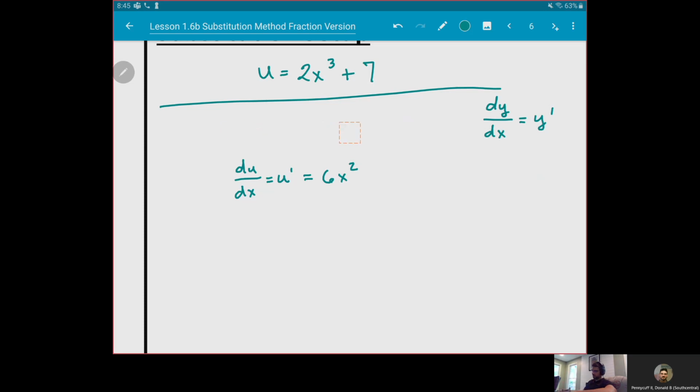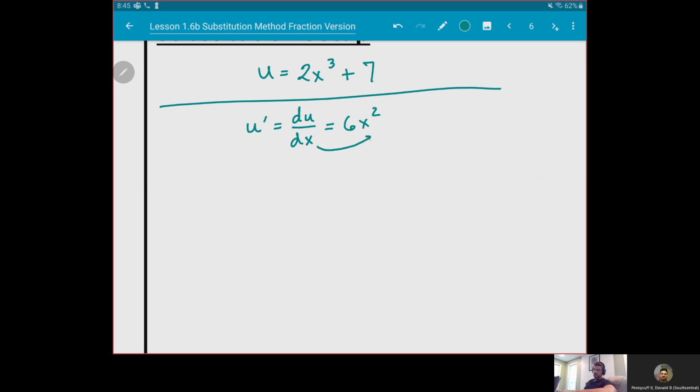If I was to be a little bit more careful about what we're really doing, it is taking the derivative. So that's going to be du over dx is equal to 6x squared. And then I'm just moving that dx over. I'm just preemptively doing it from the start. That's all I'm doing.